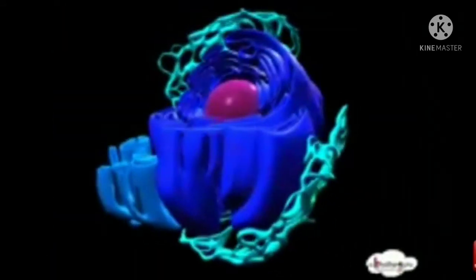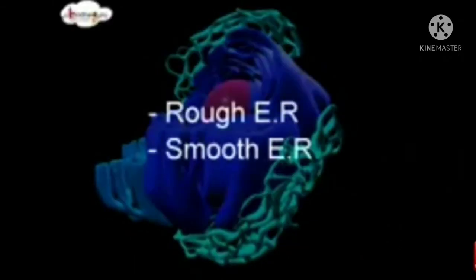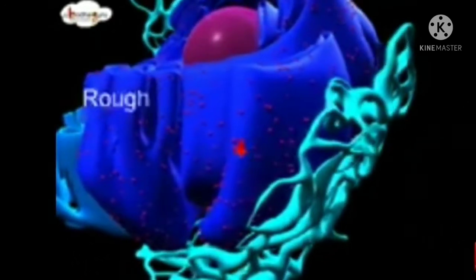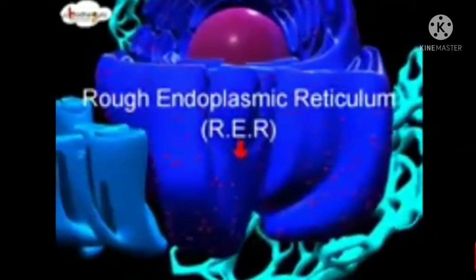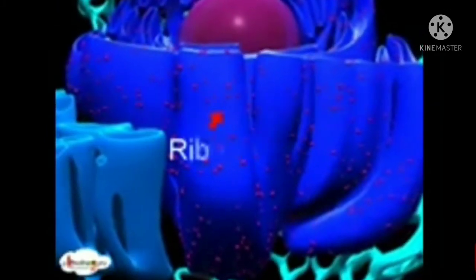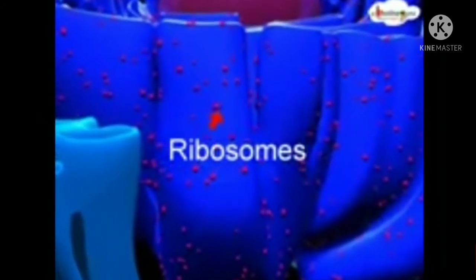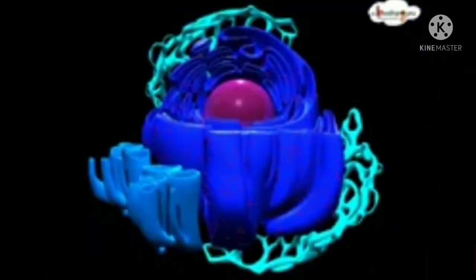There are two types of endoplasmic reticulum. They are rough ER and smooth ER. The outer membrane of the rough endoplasmic reticulum, in short RER, has ribosomes that are the sites of protein synthesis.